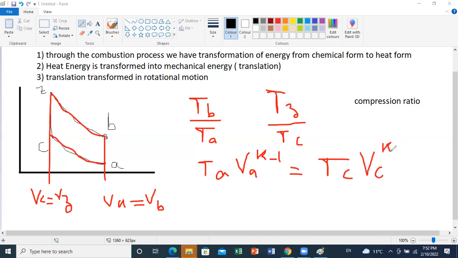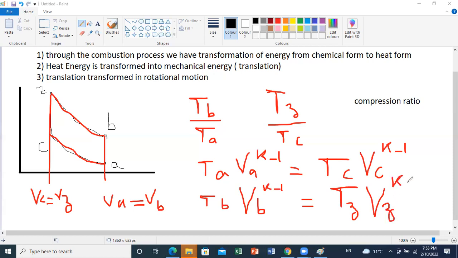And I can do the same procedure for the other adiabatic process between B and Z. So between B and Z, I can write that TB times VB to the power K minus 1 is equal to TZ times VZ to the power K minus 1.